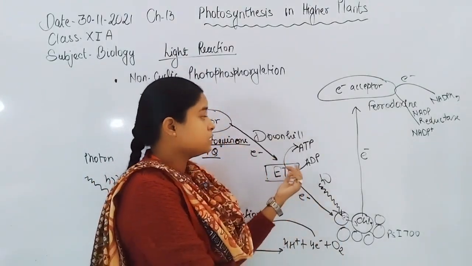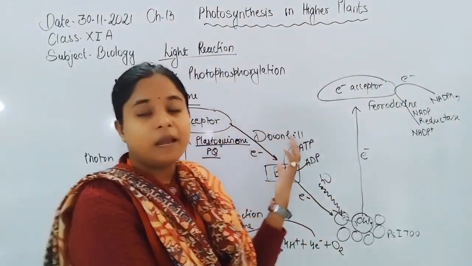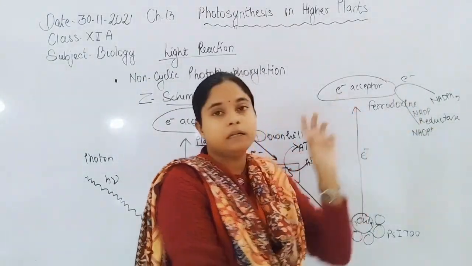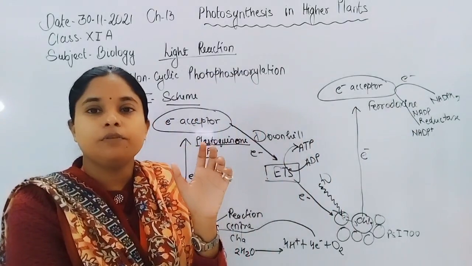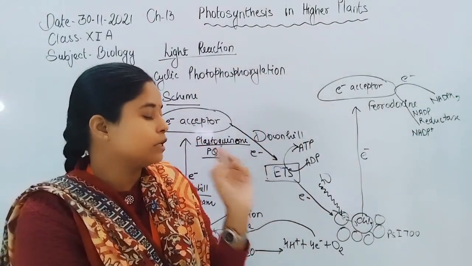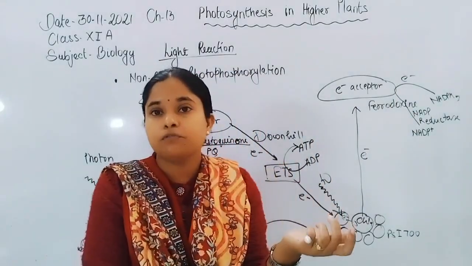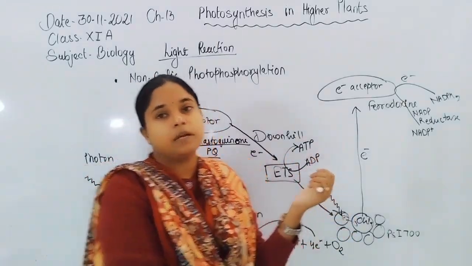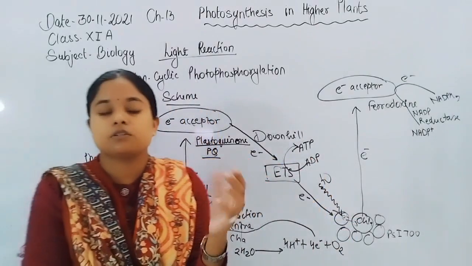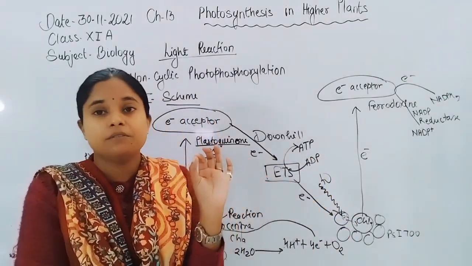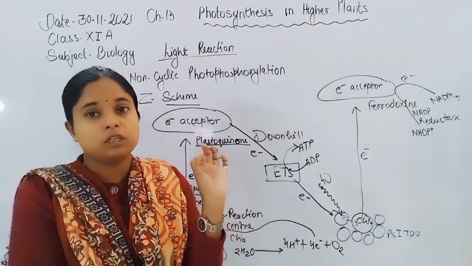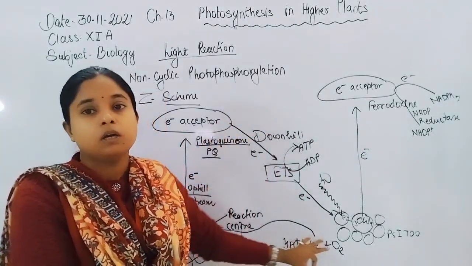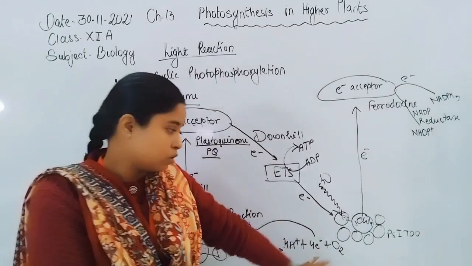That's why there will be no evolution of the oxygen molecule. Then the second is ATP formation. Third, energetic molecule formation, ATP and NADPH2. Formation of ATP and NADPH2 takes place during the non-cyclic photophosphorylation. So both take place in the non-cyclic photophosphorylation, whereas in cyclic photophosphorylation, as we have discussed, only the ATP molecule is produced, neither NADPH2 nor oxygen molecule.